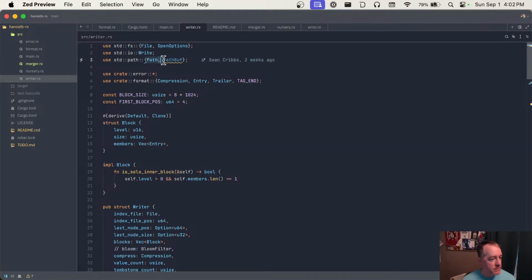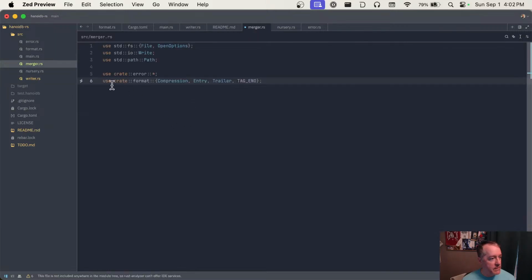Okay. Okay, I don't know that we're gonna need all that, but let's pull it over here. I actually don't think we're gonna need entry. We don't need trailer necessarily. We don't need tag end or compression, not yet at least.